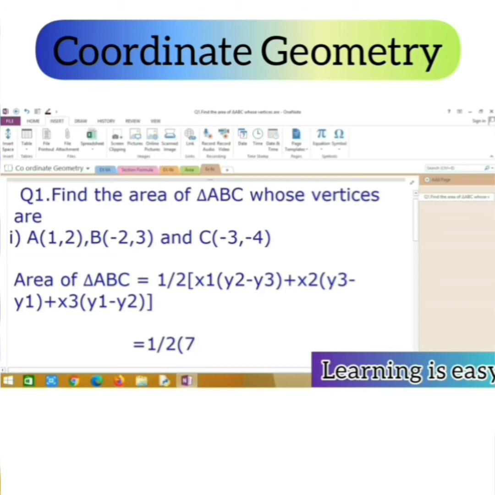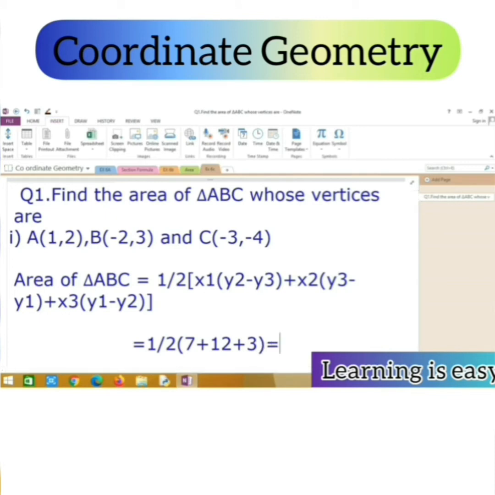plus x2 is minus 2, y3 minus y1, that's going to be minus 2 minus 6, so minus 6 into minus 2, that's 12, minus of minus becomes 12 in product, plus x3 is minus 3 and y1 is 2, minus 3, that's minus 1.